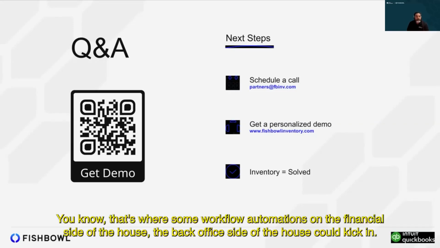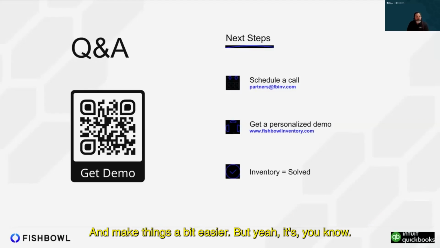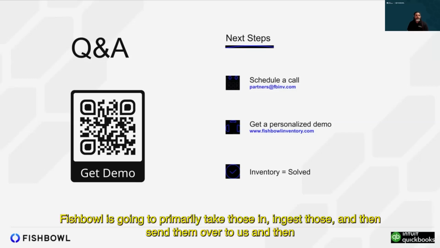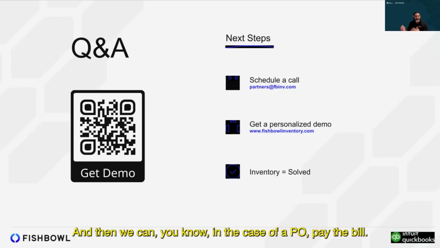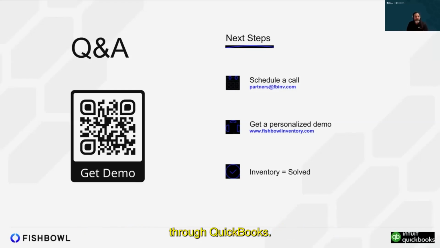That's where some workflow automations on the financial side of the house, the back office side of the house, could kick in and make things a bit easier. But Fishbowl is going to primarily take those in, ingest those, and then send them over to us, and then we can, in the case of a PO, pay the bill through QuickBooks.